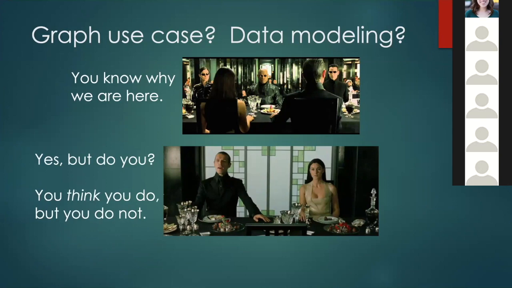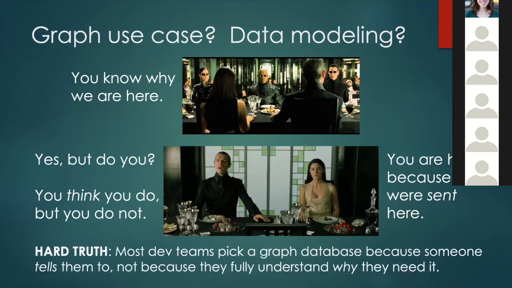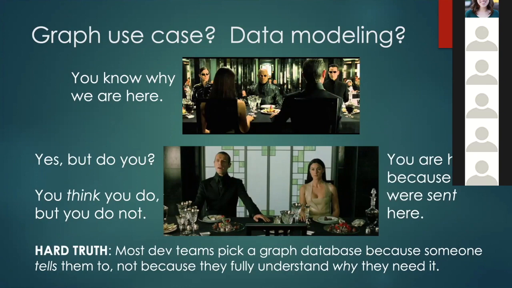And what it really comes down to is that next line from the movie as well, where you think you do, but you do not. And you are here because you were sent here is the line that comes after that. The idea there is that there's a hard truth to getting started in a large-scale enterprise with graph: most teams will pick a graph database for the wrong reasons.